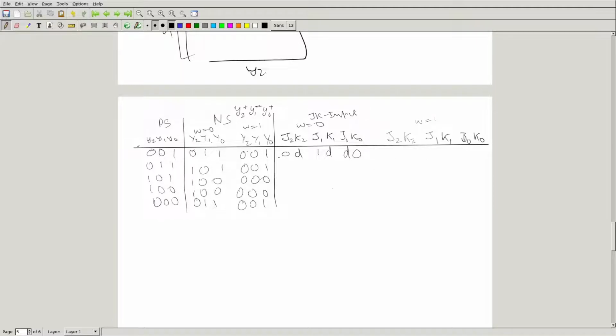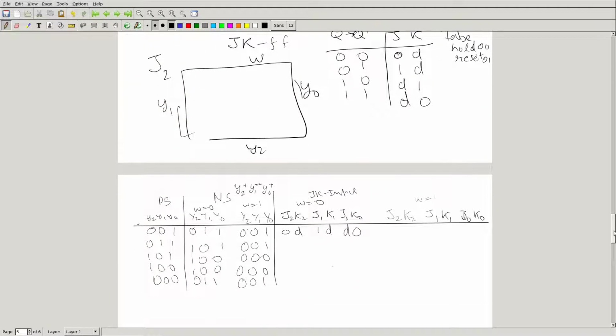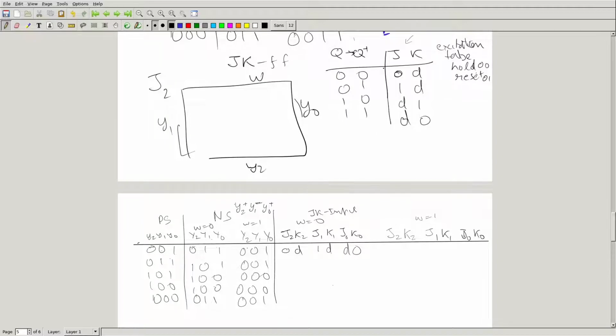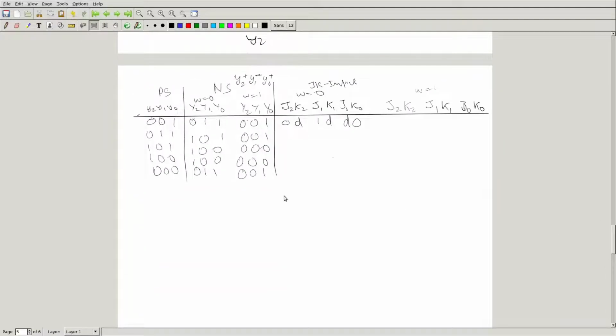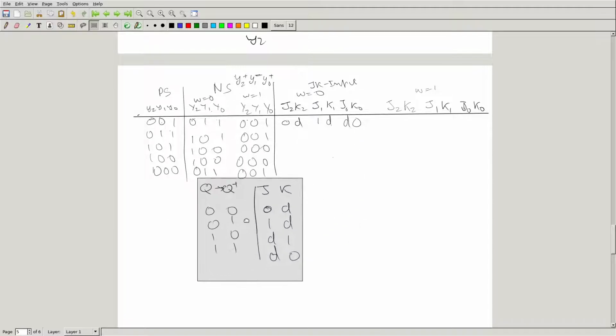Okay. And we have our JK excitation table to refer to. We can also copy this to the next page so that all our information is here.